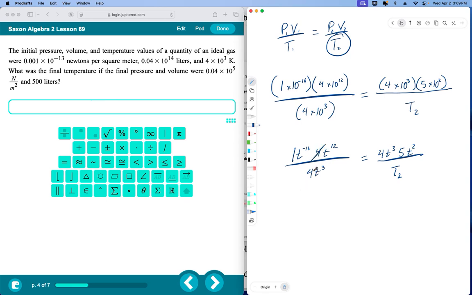Okay, I can factor this out right here. I can combine these. And that's going to give me -4, right? So t to the -4 over t to the +3 is equal to 4 times 5, that's 20 t to the +5. And now I need to bring this forward, so I'm going to add 1.